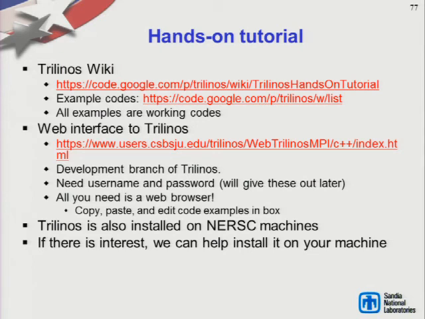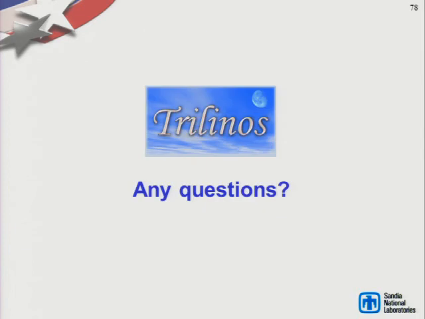So they expect us to be adults about that and not do anything malicious. It's a great way to play around, to start off with how Trilinos works. All the NERSC machines have it. And again, if there's interest and you have problems, we can help install it on whatever your machine is as well. Usually that's pretty easy, although sometimes you can get some library and dependency issues, especially if you didn't build your MPI, et cetera.